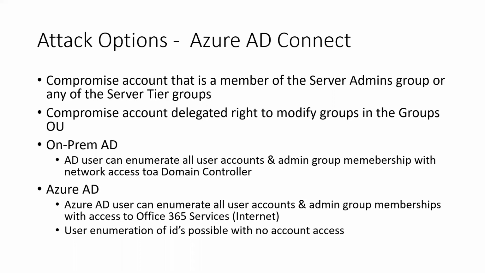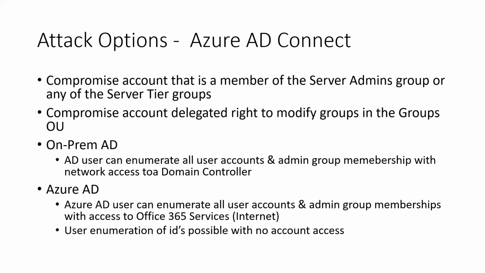In Azure AD, any Azure AD user can enumerate all user accounts. So if one account is compromised or access is leaked, and on on-prem AD you have to have network access to the domain controller, which is not very common, especially on the internet. But in Azure AD, any user can enumerate all user accounts and admin memberships with access to Office 365 services, which is the internet.